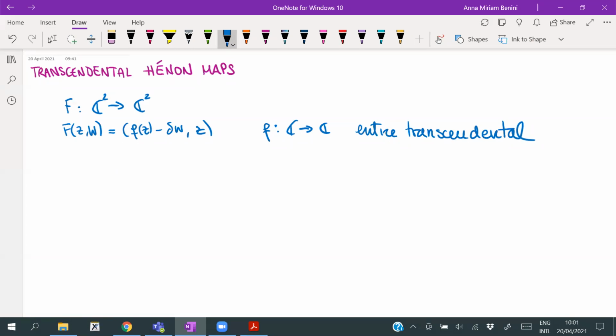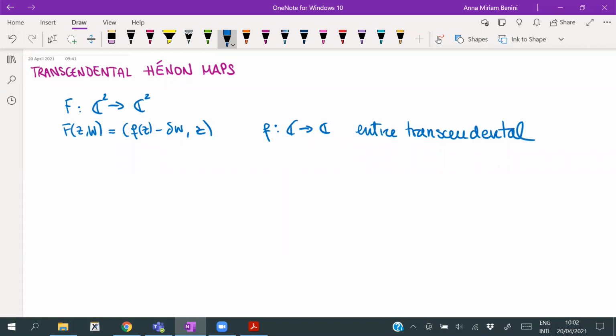Okay, and in the case of polynomials, they've been studied so much, partly because there is a result by Friedland and Milnor, which tells you that all polynomial automorphisms with interesting dynamics, I will define automorphisms in a second, can be written as a finite composition of Henon maps. I will call them polynomial Henon maps, but people just call them Henon maps.